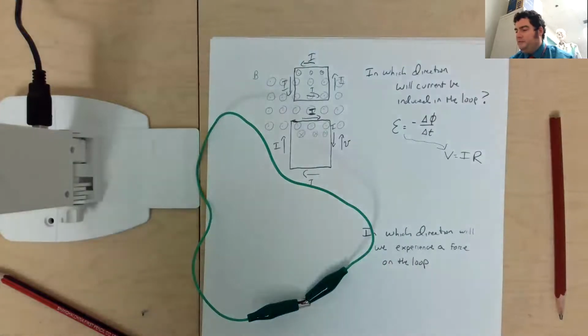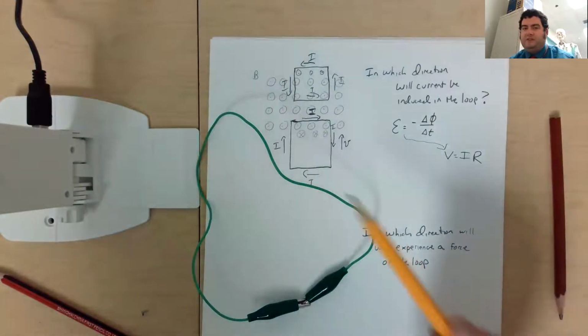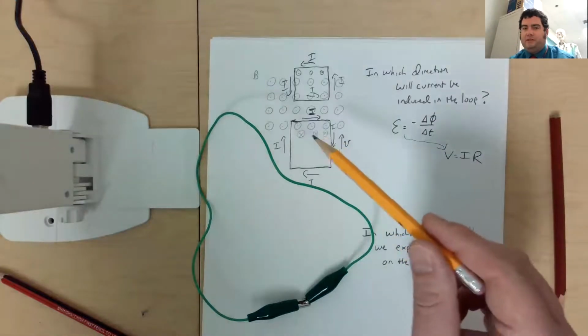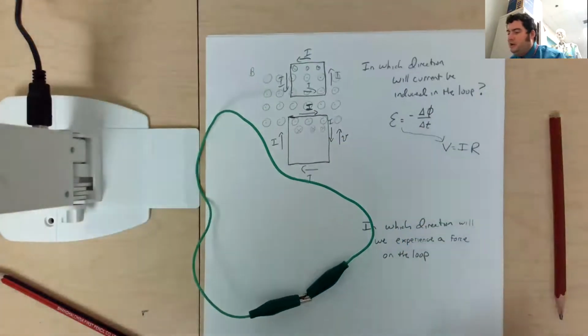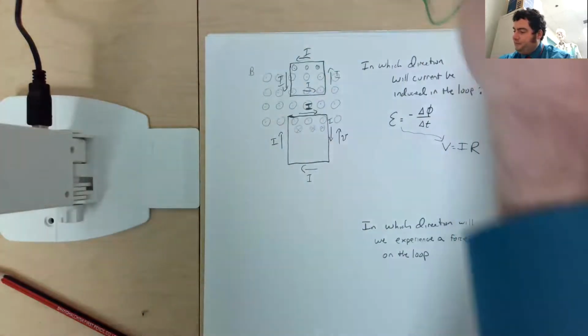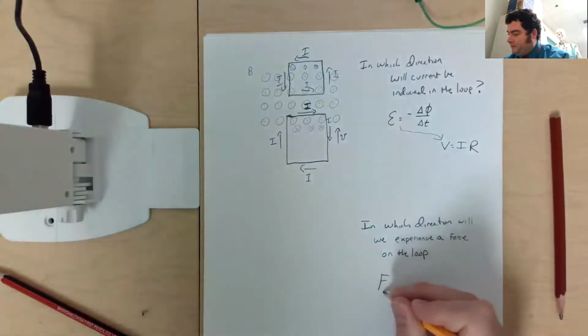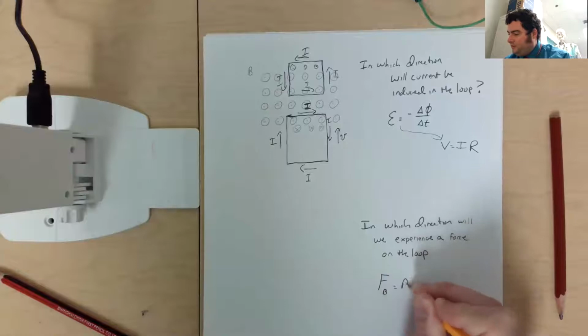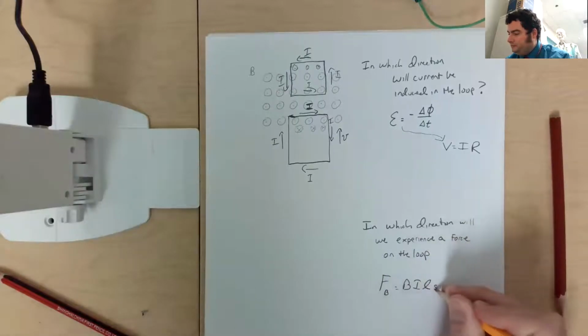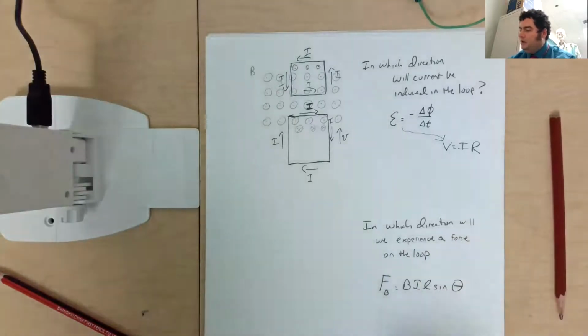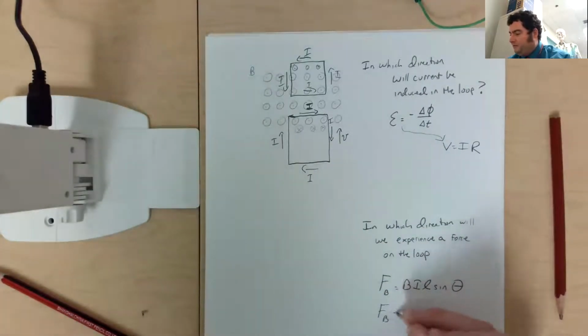How about forces? Well, let's just look at it in this situation when it's entering. In this case, the relevant equation is this one. And since the magnetic field is perpendicular to the loop, it's just this.